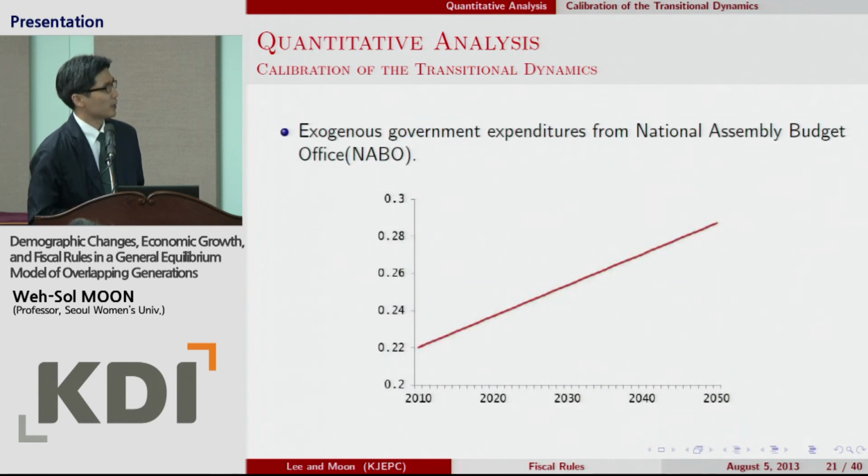And on the transition dynamics, I'm sorry, the period of the transition dynamics, we assume 2010 to more than 2050. In this period, we assume exogenous government expenditure given by the National Assembly Budget Office. 2010 is about 22% of GDP and keeps rising up to 28% in 2050 and then stays constant.